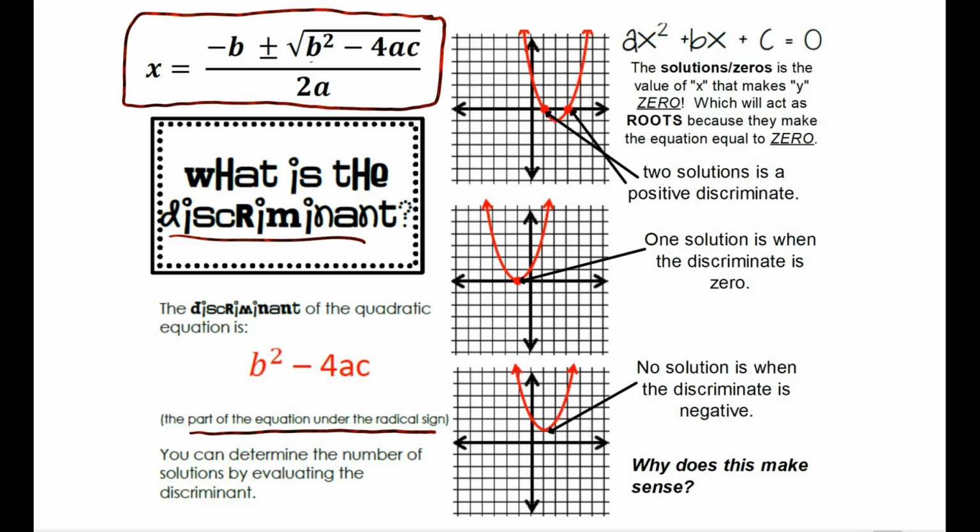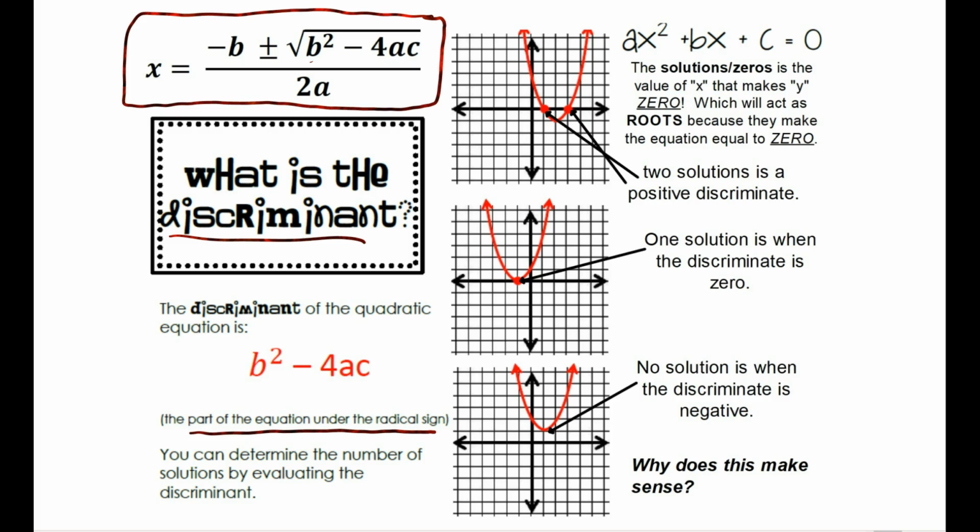With a parabola or a quadratic function, we can have at most two, because the quadratic forms a parabola which looks like a U or an N. The solutions are where the line crosses the x-axis. That's why we see this positive and negative. It represents two. So when we're looking at the discriminant, if it is positive, that means we're going to have two solutions.